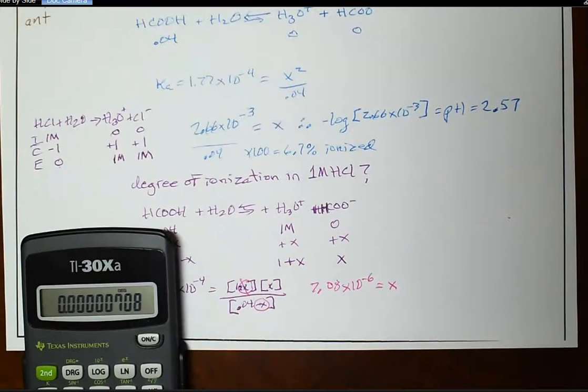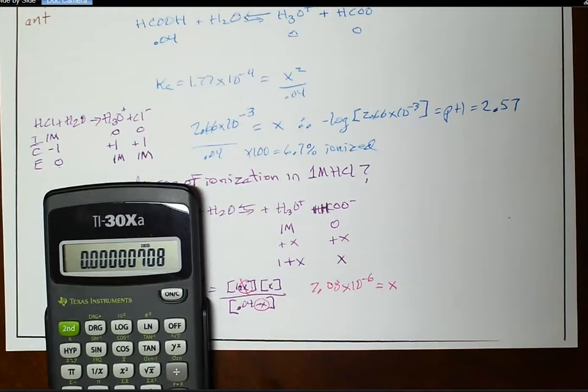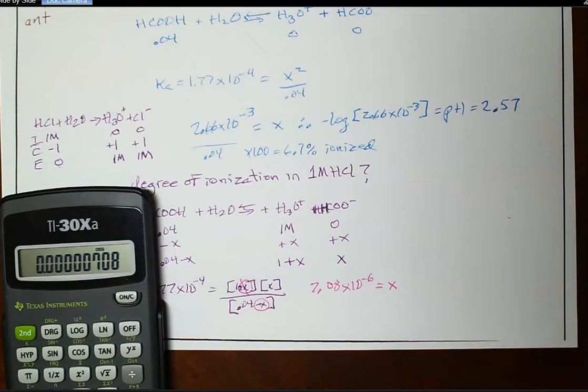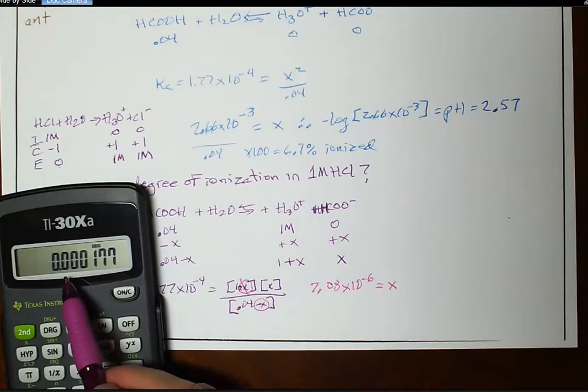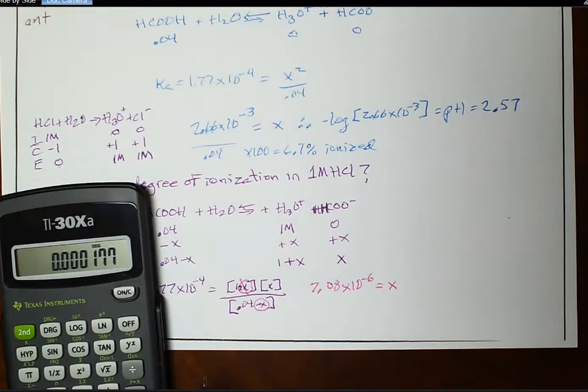Now, what is that divided by the original 0.04? Divided by 0.04. 0.000177.